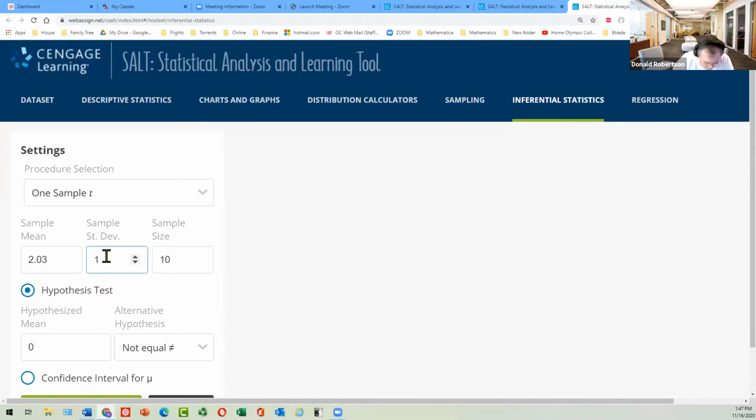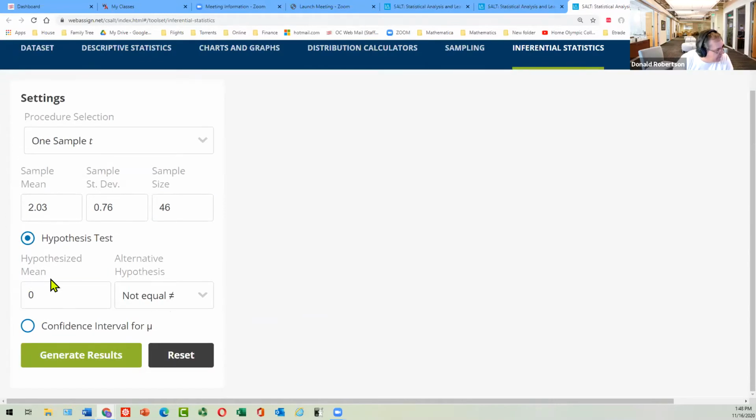The guy next door was 0.76. And this was done on 46. The hypothesis mean is 1.75. And we want to know, is it greater than?